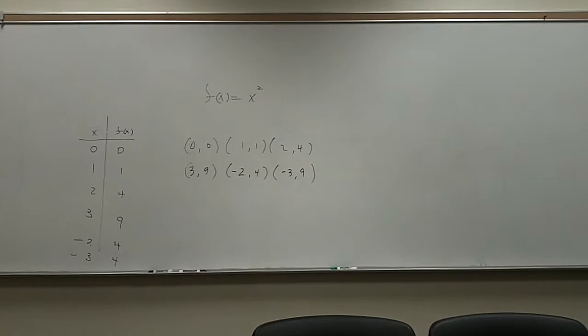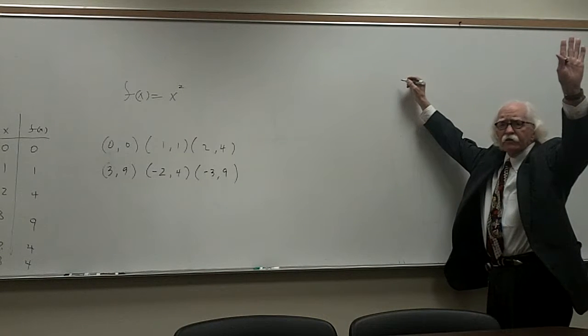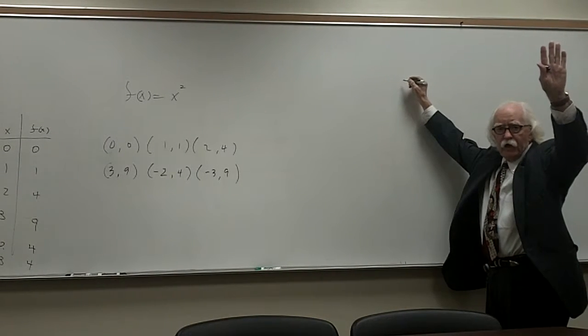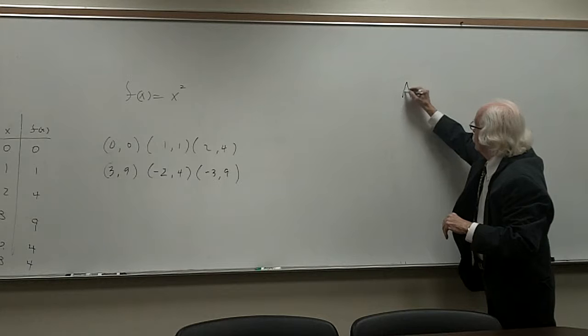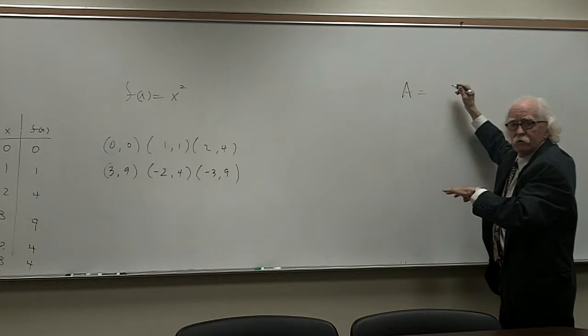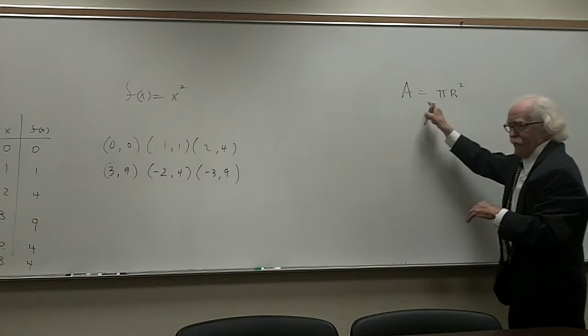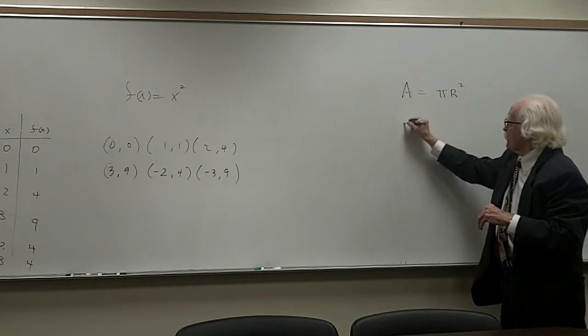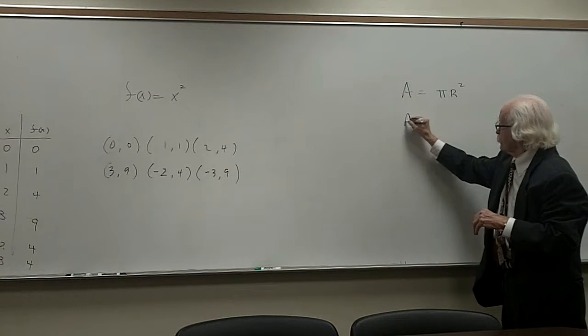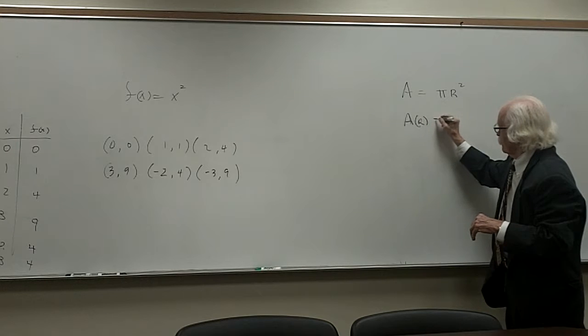You all look up here a second. It's a very easy problem. All you gotta do is think about this problem. You know the area of a circle is pi times what? Well, this area is written as a function of the radius.